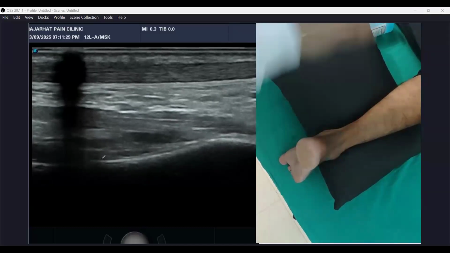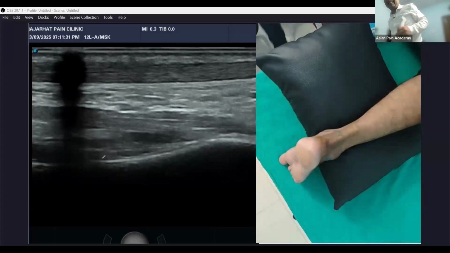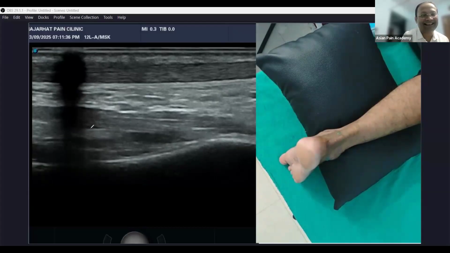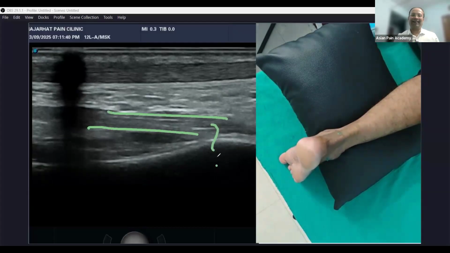Gastrocnemius. No, don't be in such a hurry. So you can see one tendon. What is this? Can you see one tendon? Achilles tendon? No, Achilles tendon is this one.